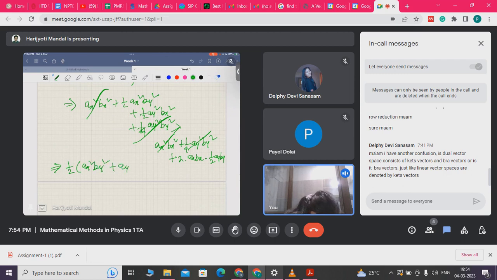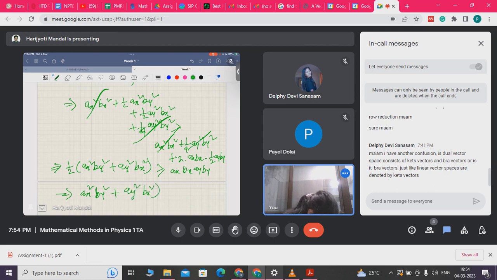This portion cancels out, this portion cancels out, and you can see half of AX square BY square plus AY square BX square is greater than or equal to AX BX AY BY.